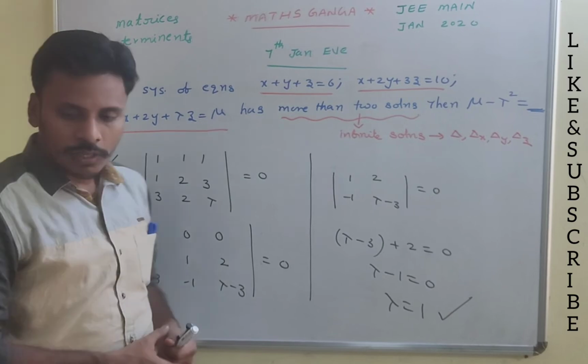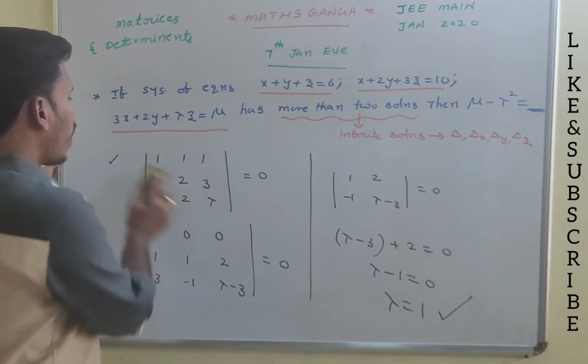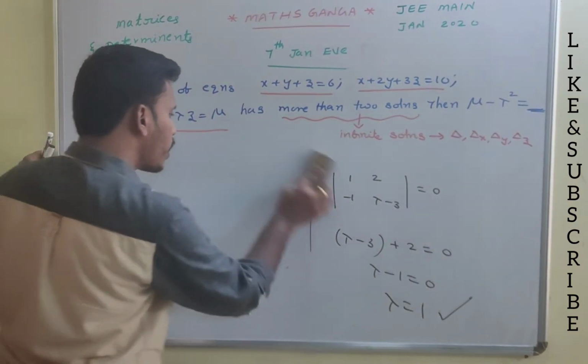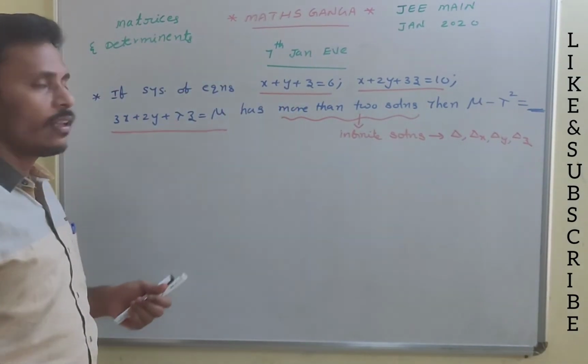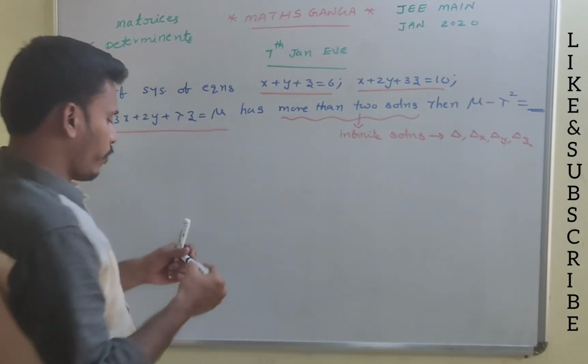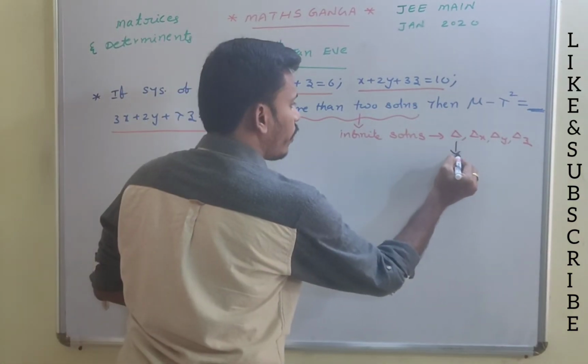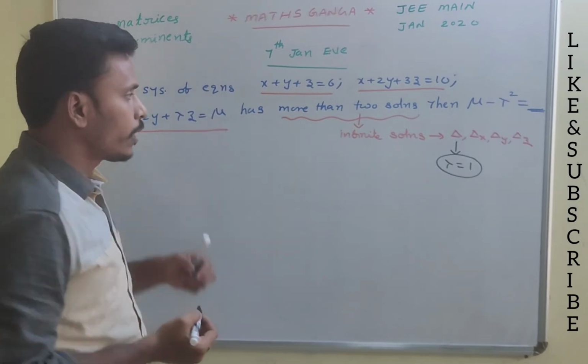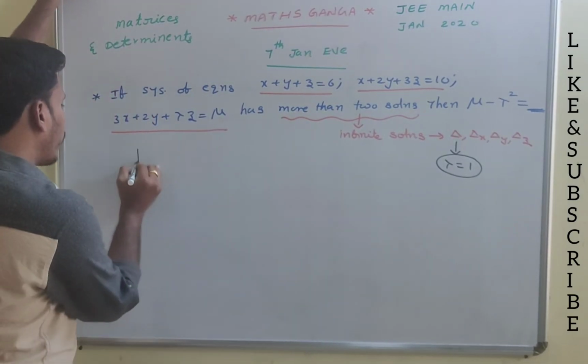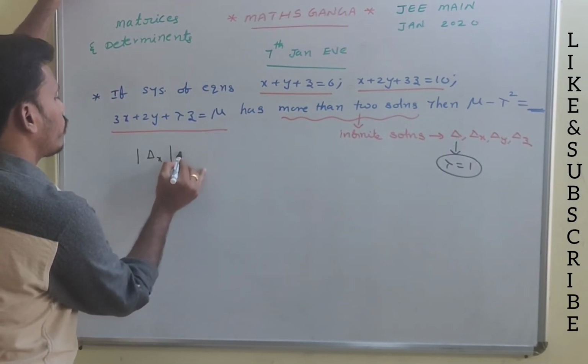Okay, if I erase this for the space concern, I think you know that delta x is nothing but replacing the first column of delta with the constants, right? From this delta we already found that lambda is equal to 1. Just keep in mind, the determinant of delta x is equal to 0.